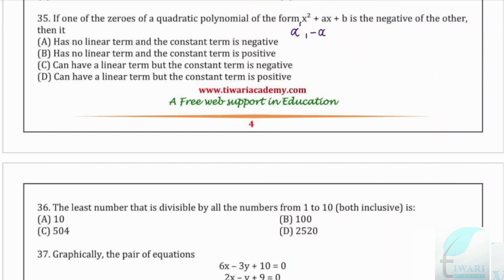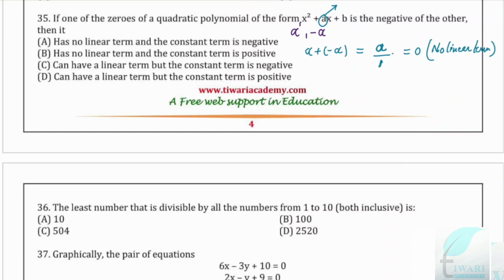The sum of two zeros is alpha plus minus alpha, that is equals to minus b by a, and here b is equals to a. So a by 1, a is 1 here. So this is equals to 0. So this equation has no linear term.